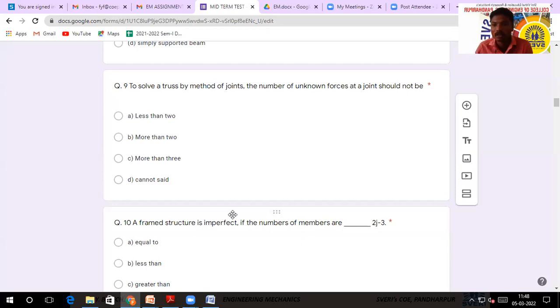The answer should be more than 2 or 3? More than 2. The answer should be more than 2. You can cross check.